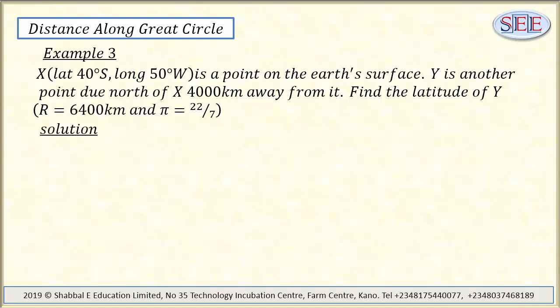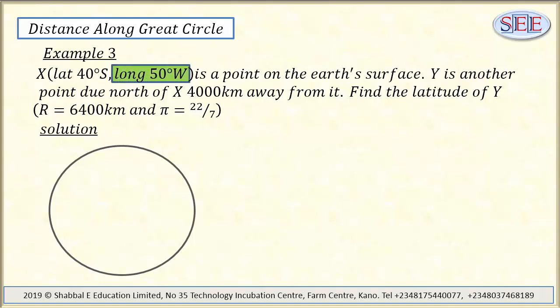Solution to this problem: we try to sketch our Earth. Look at the circle representing the Earth, and what we need to do now is to sketch the position of X. X, remember, is a point on longitude 50 degrees west. So let me draw the longitude first.